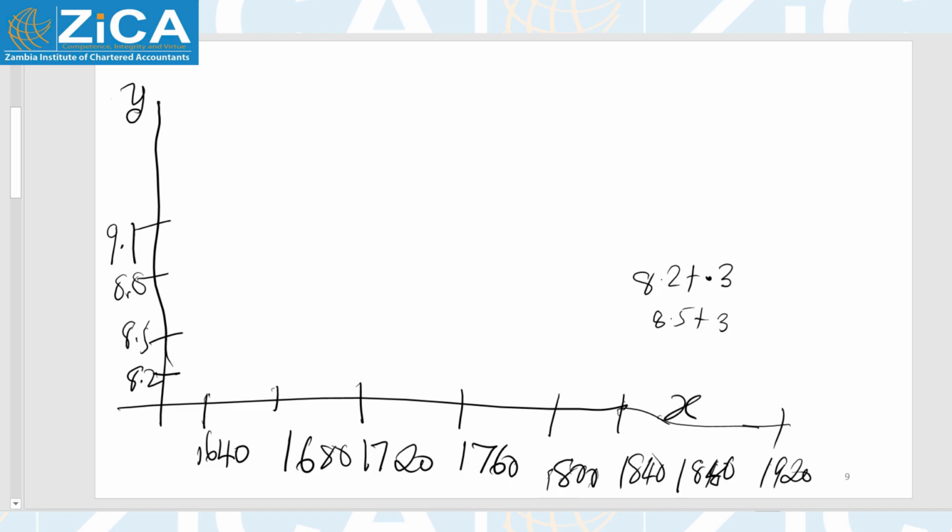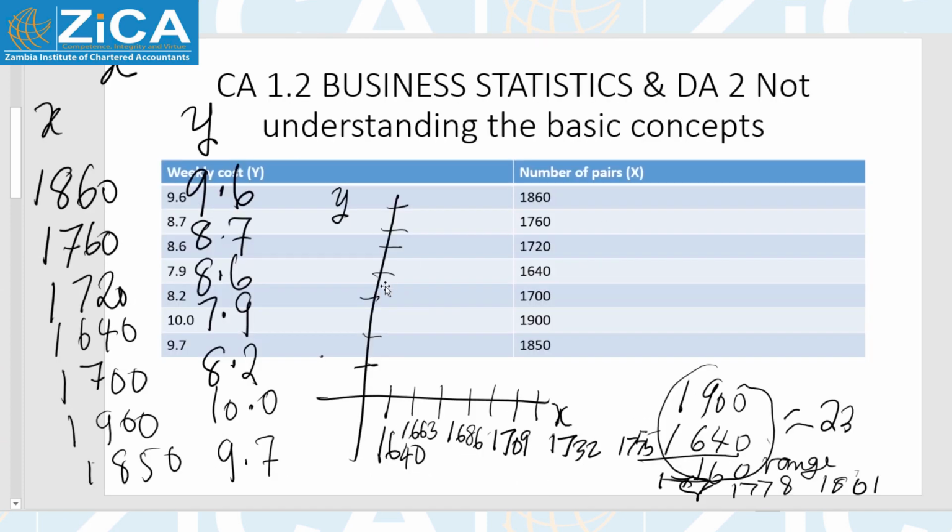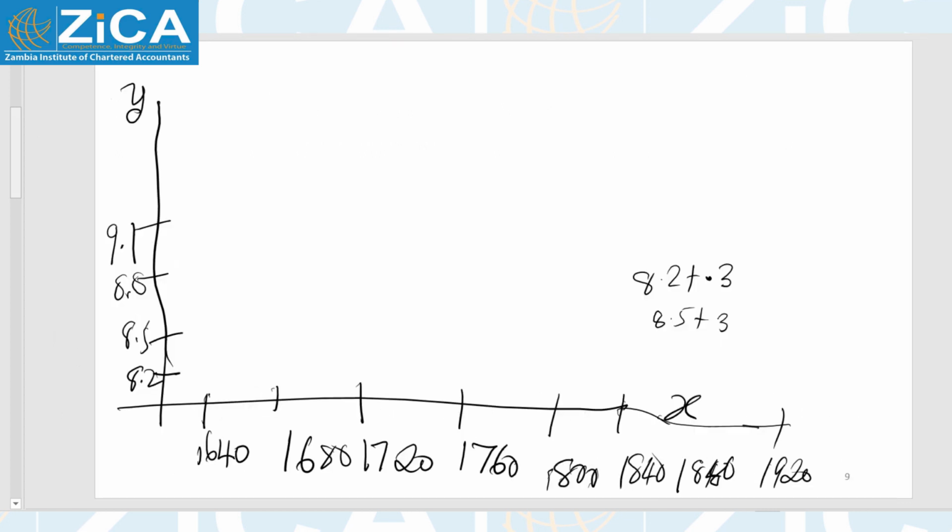So, if you go now to the original data, which we have here, you are looking at 1860, okay? And you ask yourself, where does it fall? You see 1860 maps into 9.6. So we are looking at 1800.